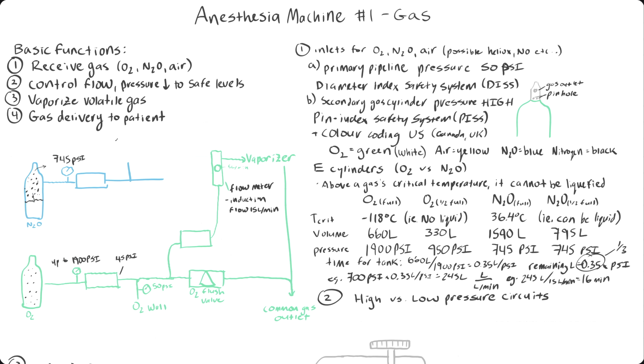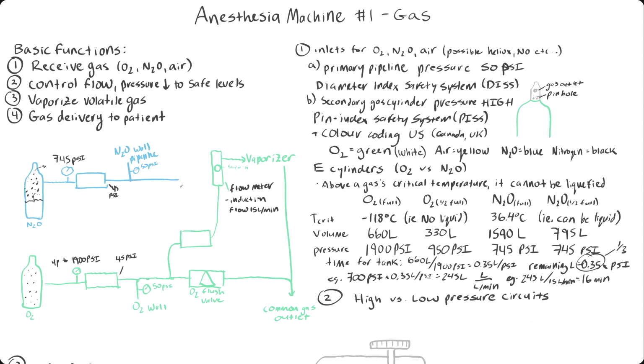Preferentially, we want to use our nitrous from the wall or the pipeline supply. And if you measure this, it will be 50 psi, which is above the 45 psi to which the cylinder is limited. Therefore, nitrous will be preferentially drawn from the wall instead of our cylinder.